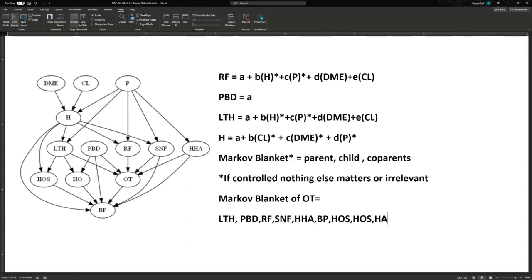So you wrote an equation for, let's say, LTH. In that equation, what are the parents of LTH? Parents of LTH would be H and P. So even if you didn't visually see the network, you would know that H and P are the parents of LTH.